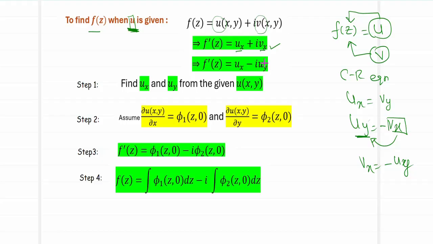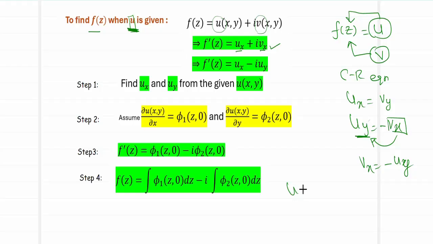Primarily, the Milne Thomson method can be solved in 4 steps. So what are they? Step 1. Find what is your ux and uy from your given function u. Step 2. What we need is ux and what we need is uy. This ux, I assume it to be a function phi 1 of z comma 0.